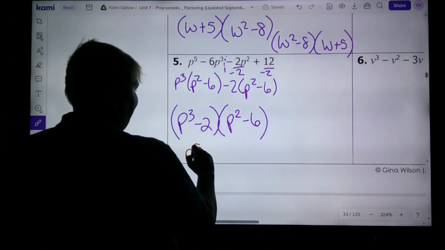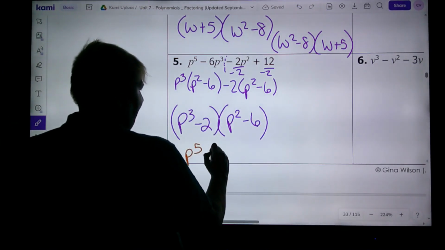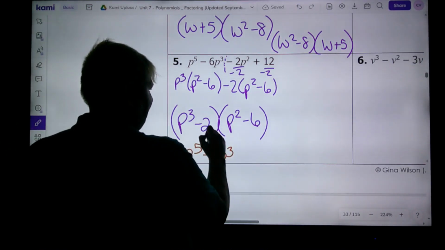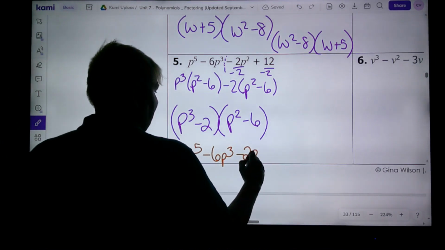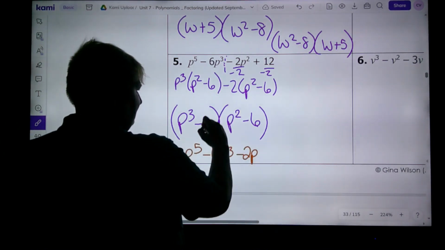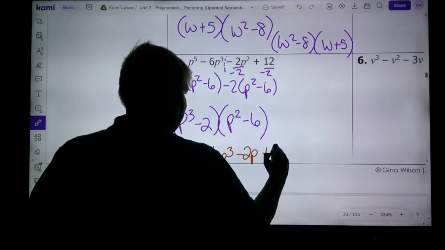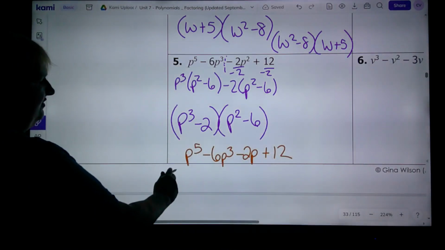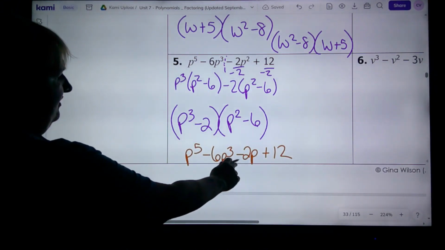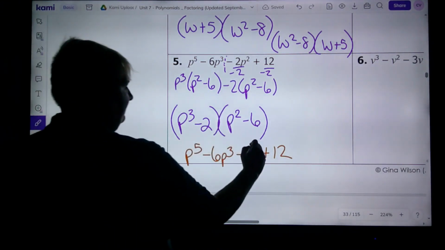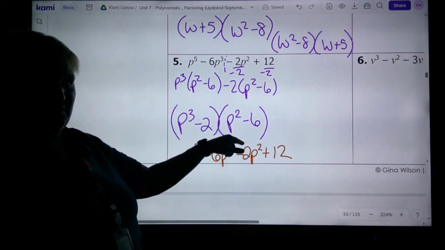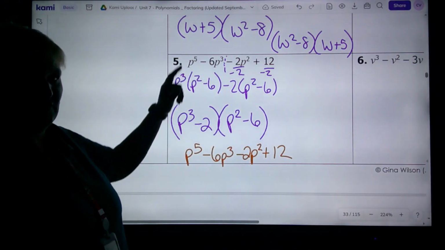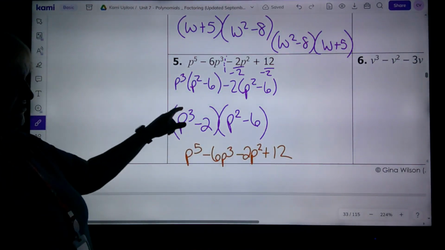P to the 5, -6P to the 3, -2P squared, and then plus 12. You can always redistribute to make sure you end up where you started. That's how you know you have the right answer.